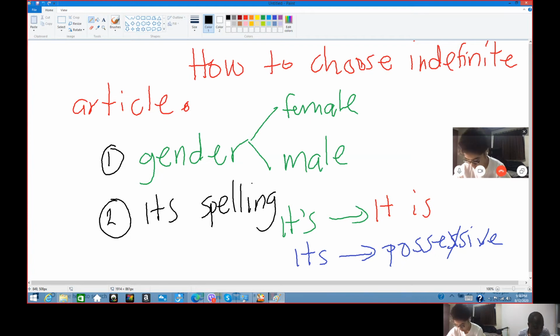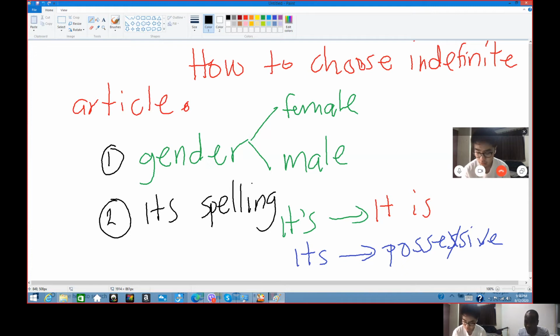Number three, we have to think about the spelling of any adjective that comes before it. Adjectives normally come before the noun. For example, I can say a red apple. A is an article, red is an adjective, and apple is a noun.